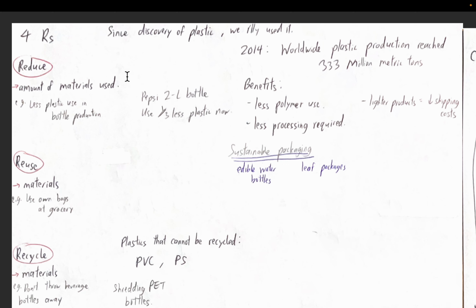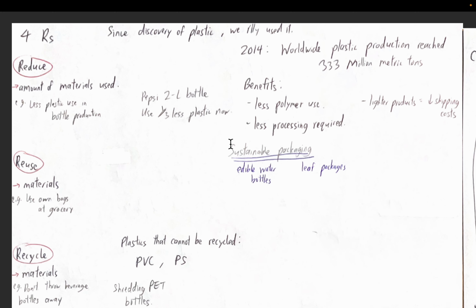So, yeah, it's been mentioned here. Less polymer use, less processing required. And at the same time, another benefit is that since the products are lighter, shipping costs would decrease.